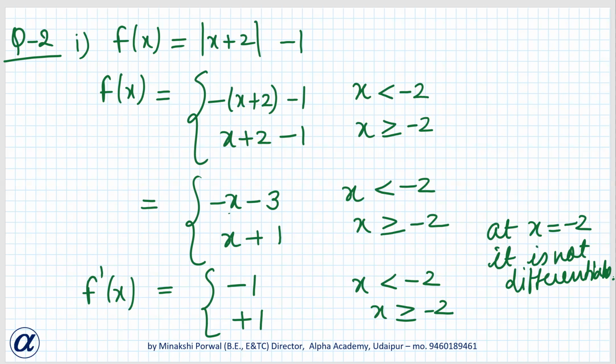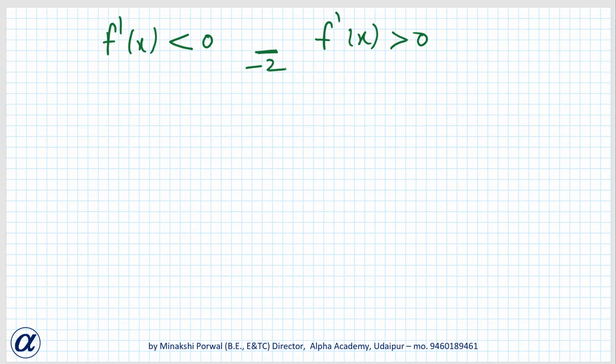Now, the slope before -2 and after -2. The slope f dash x was less than 0 and f dash x was greater than 0. Basically -2 was the dividing point.